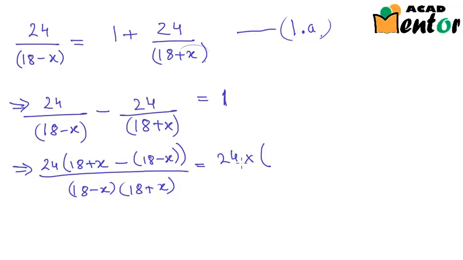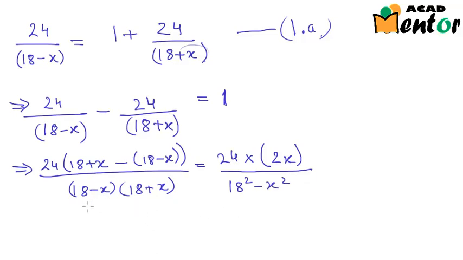So I will have 24 into 2x, because 18 and 18 would get cancelled, and I would have x plus x, that is 2x. And the denominator would be 18 square minus x square.